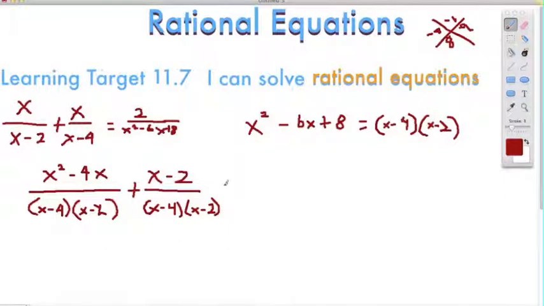And then we have the other side of the equal sign. Okay? So all we did with this is we just factored it out. That's all we had to do.